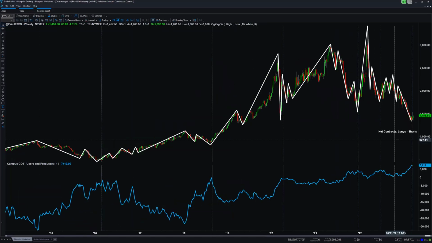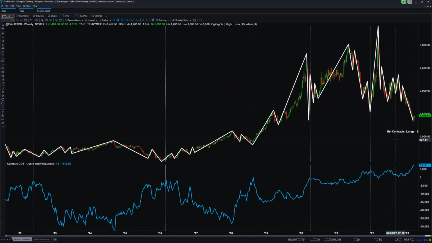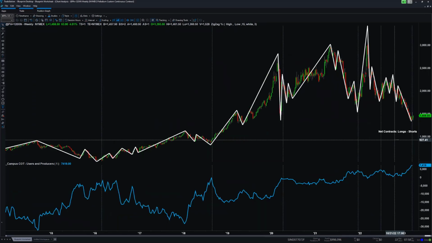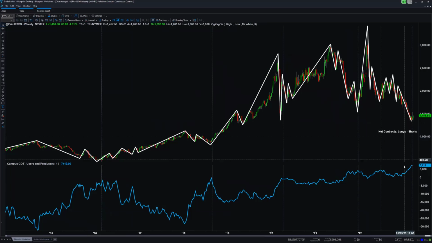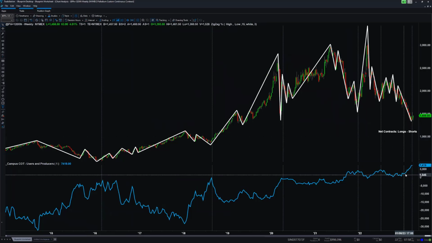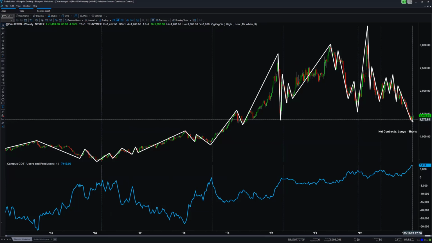But again, the commercials have no interest in speculation, no interest in manipulating the markets, right? Because if it was about manipulation for them and they're buying as much, then a long time ago the price should already have rallied.